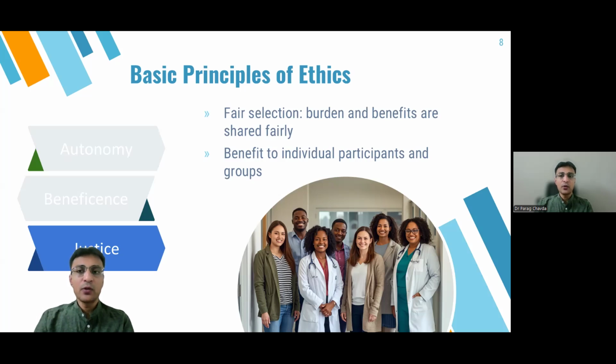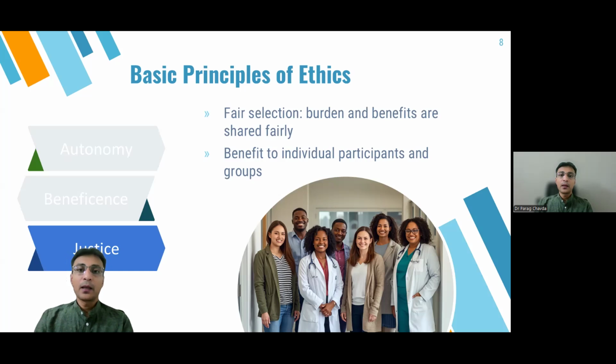So, for example, even if you are doing a simple study such as the ability of school students to read nutritional labels on packaged food, the risk that the student carries is the time that the student gives you. And the benefit the research team can give them would be, at the end of the data collection process, some kind of health awareness about how to read the nutrition label, and health awareness on nutrition in general.